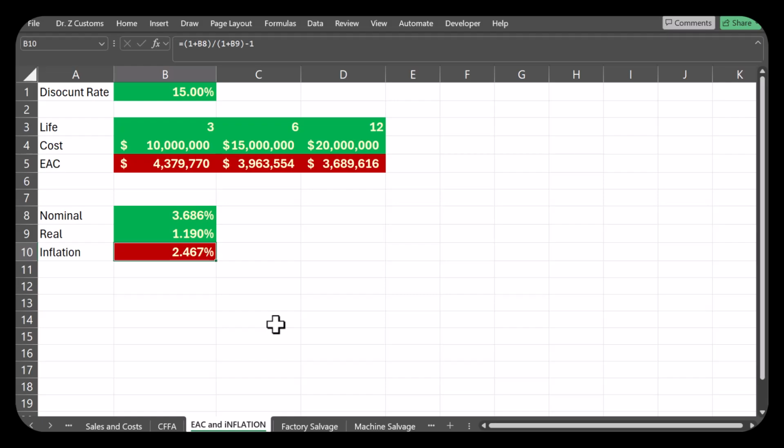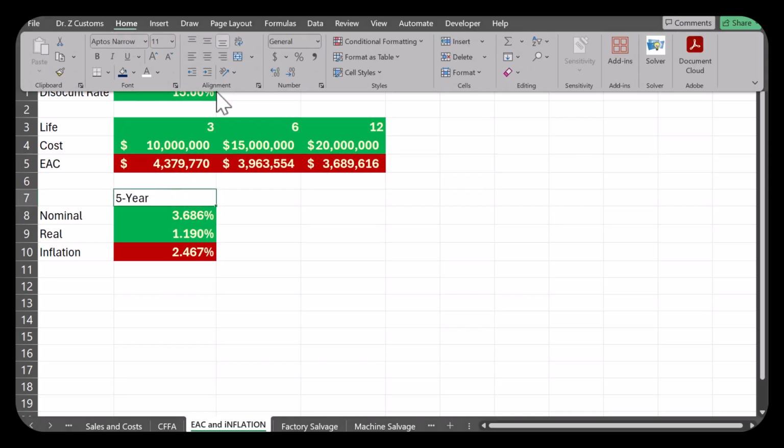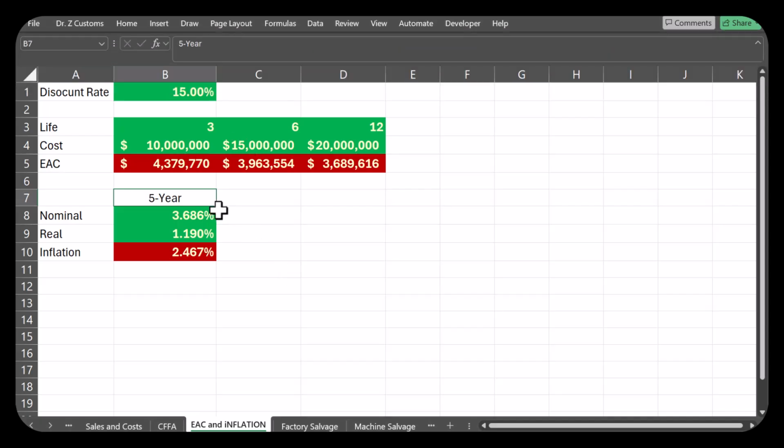Let's see what the implied number for 10-year is. In fact, let's do this 5 years. I'm just going to copy these for now.